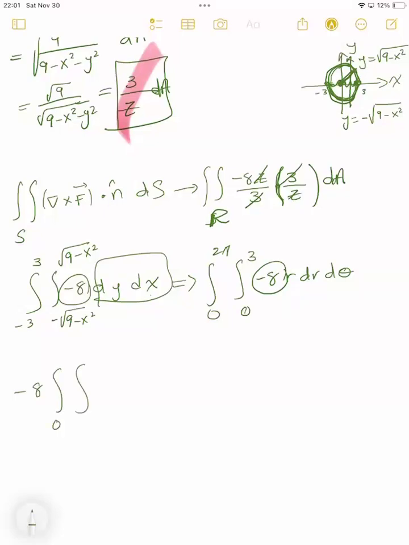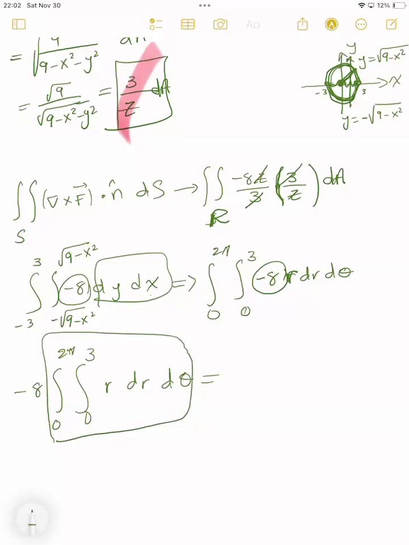Whatever method I use, polar or rectangular, this is just going to give me the area of the circle. The area of the circle is pi r squared, which is pi 3 squared. So I get 9 pi, times negative 8 is negative 72 pi. And that is our answer.